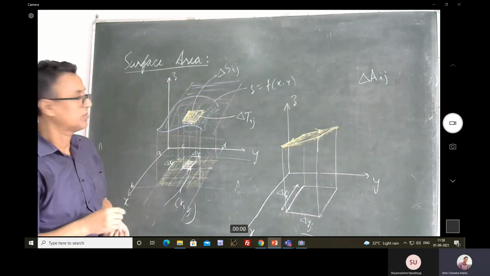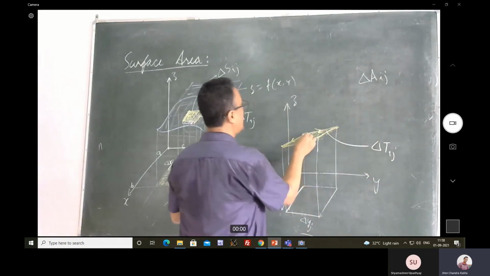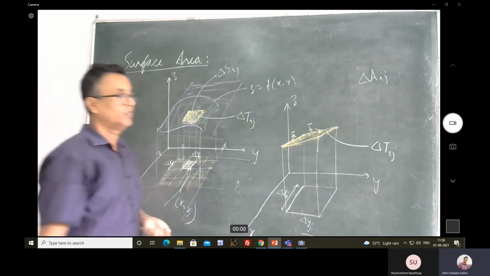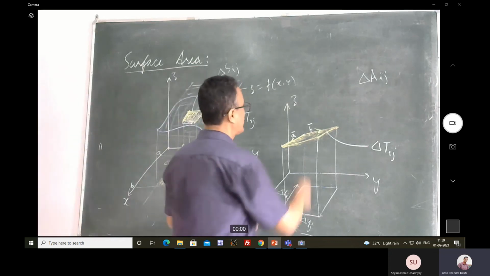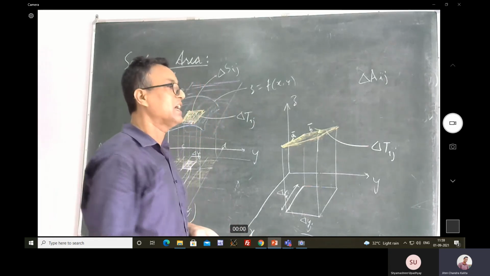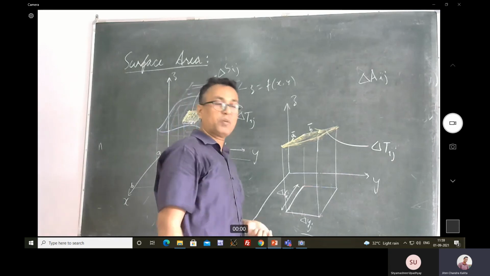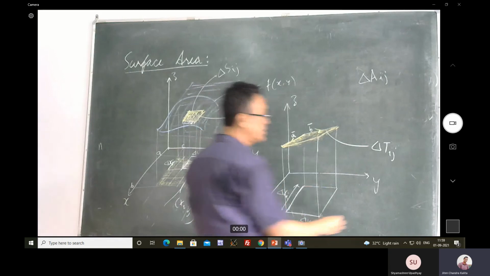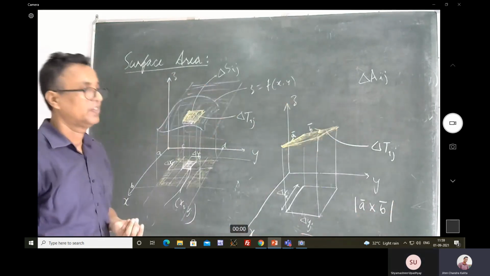Okay. So this plane is nothing but delta Tij. Okay, and let this be vector A and this be vector B. Okay, fine. So then you know that the area of this plane is nothing but the area of the parallelogram created by the sides A and B. So it is simply going to be given by this. Is it okay?